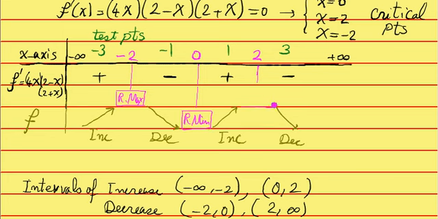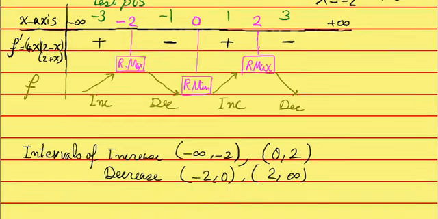And one more time, here's the relative max. So we might go ahead and record the information that relative max happened at plus or minus 2. Since the function is even, I can compress both of them, write it in that way.